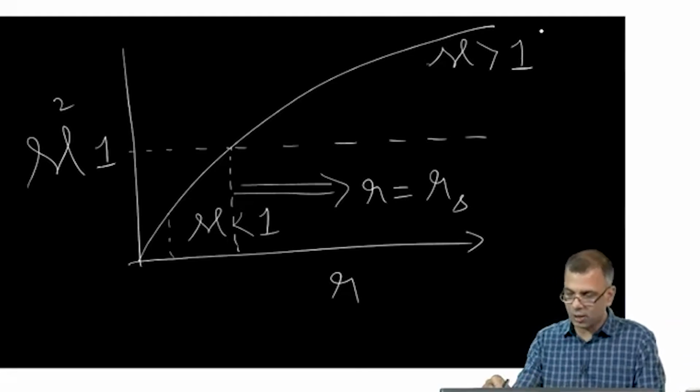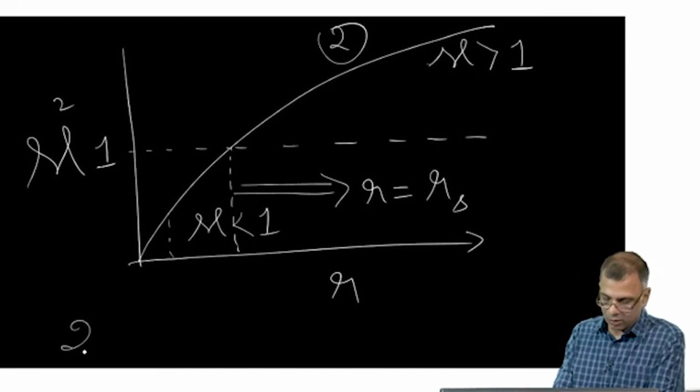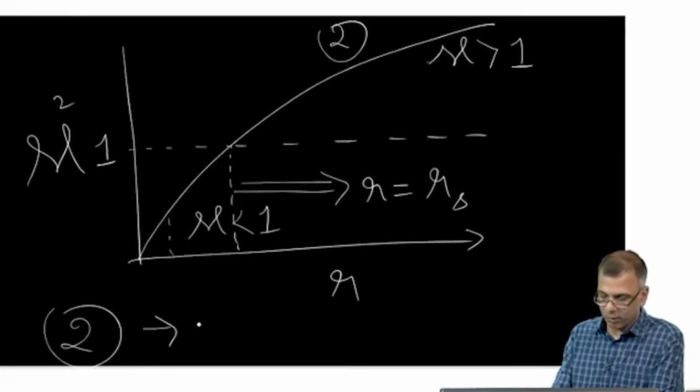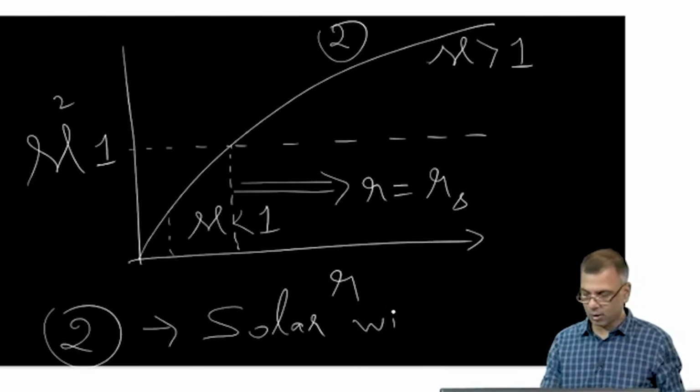So for larger r the Mach number is greater than 1, and these are solutions of the kind 2. Solutions of the kind 2 represent solutions that are appropriate for the solar wind.